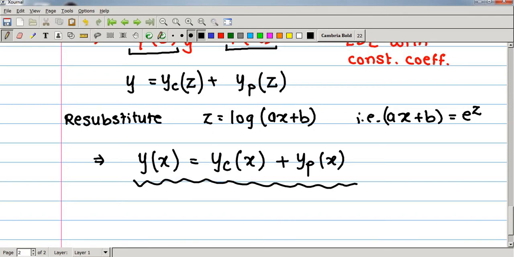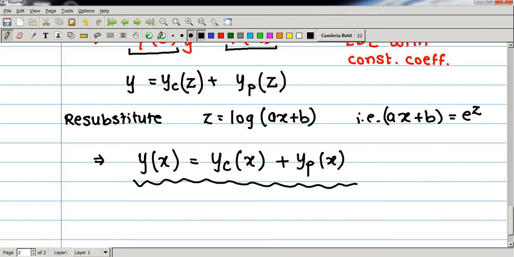So while solving any example on Legendre's differential equation, we have to take care of these three things. First thing is to use the substitution: the variable coefficient ax plus b is replaced by e raised to z. Then use the replacement to convert the variable coefficient form into constant coefficient form. Then solve that linear differential equation with constant coefficients by calculating its complementary function and particular integral in terms of the variable z.